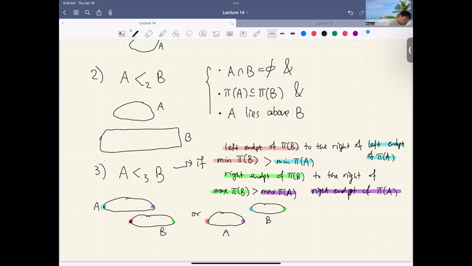And there's one more condition. This is one condition, and last condition. If pi a and pi b overlap, a is above b. Okay.